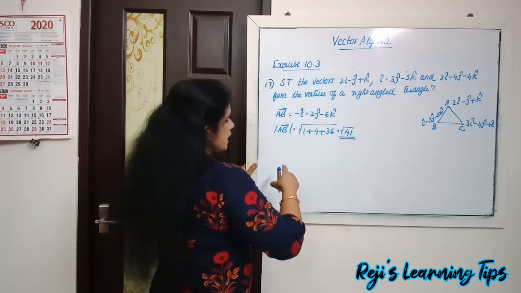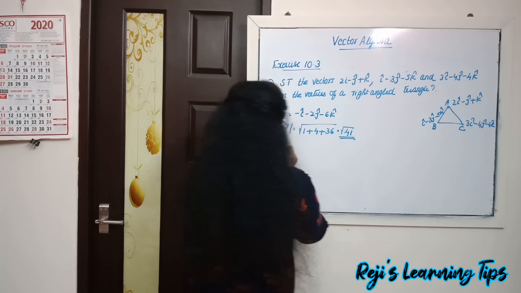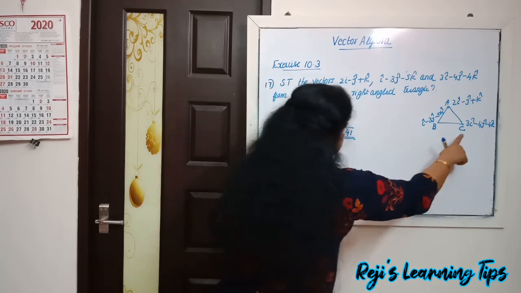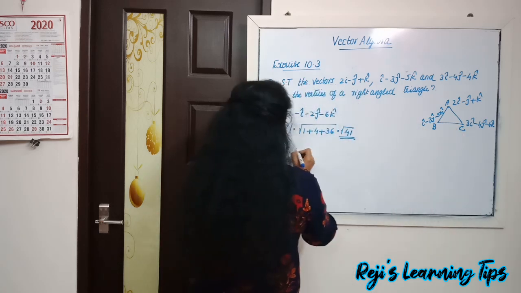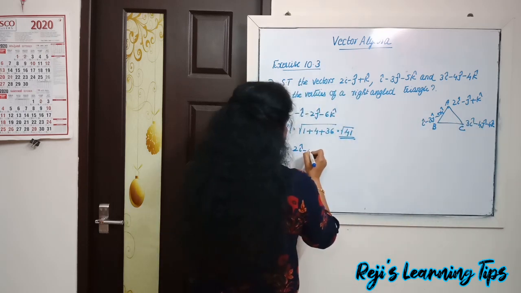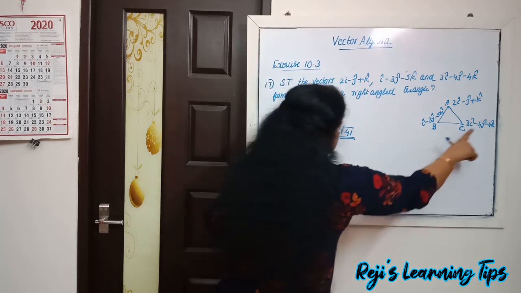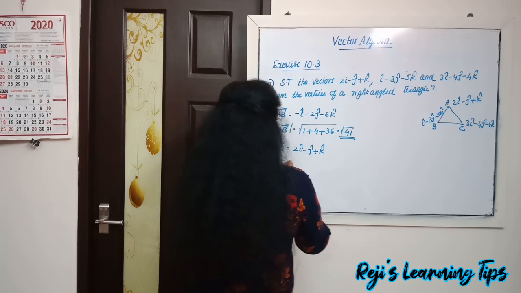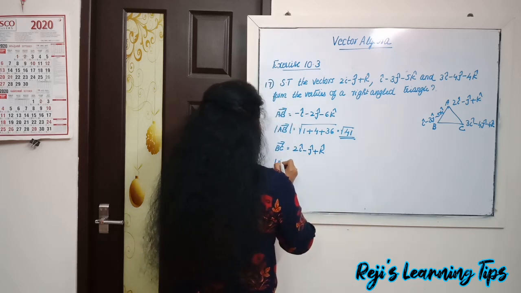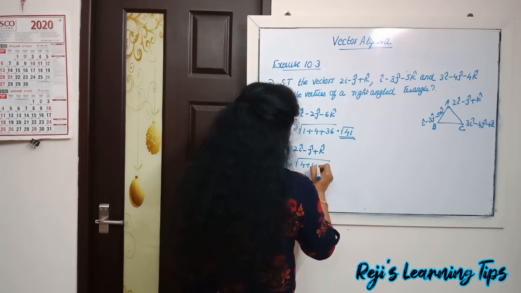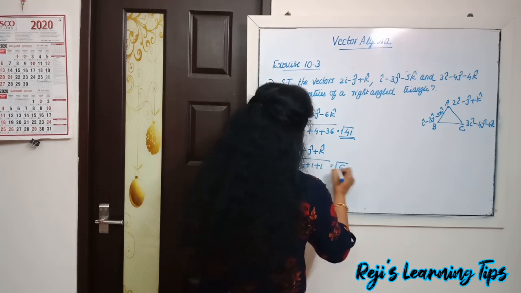Then next we should find BC. Vector BC is equal to 3 minus 1, that is 2i cap; minus 4 plus 3, that is minus j cap; minus 4 plus 5, that is k cap. Then the modulus of vector BC is equal to root of 4 plus 1 plus 1, that is root 6.